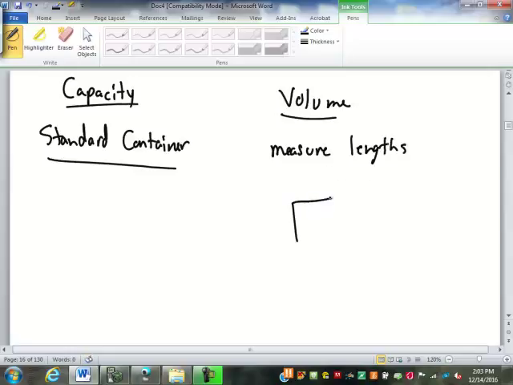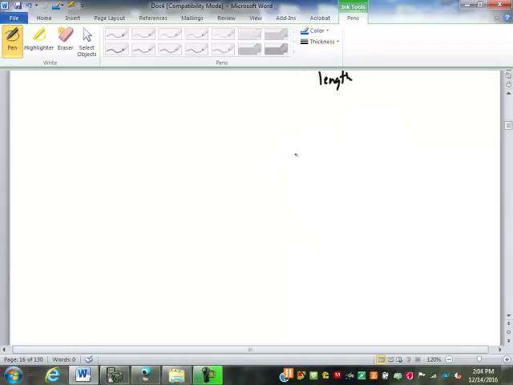For example, we've seen boxes where we had length times width times height. In fact, what we used was the area of a base times the height, but same difference. So capacity is just that standard size container. And we're going to start out with standard units of capacity.